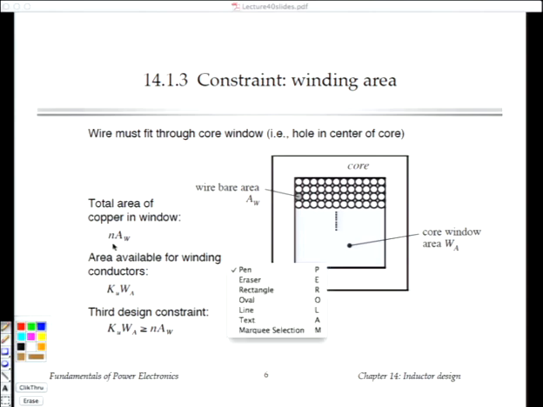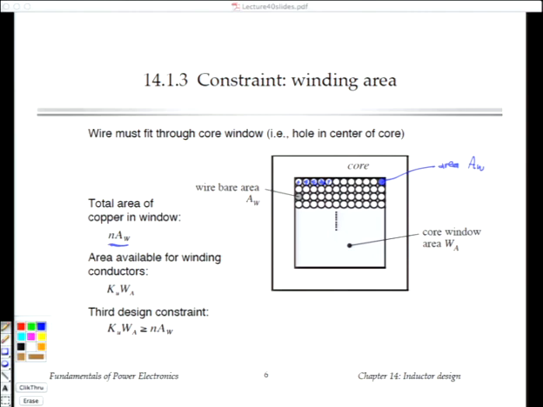And we're going to express the total area of the copper in the window, which is just the area of the wire, not counting the wasted area. We're going to say that total area is the number of turns times the area of the wire. So one turn then has an area we're going to call AW.